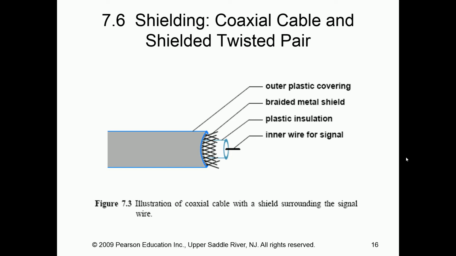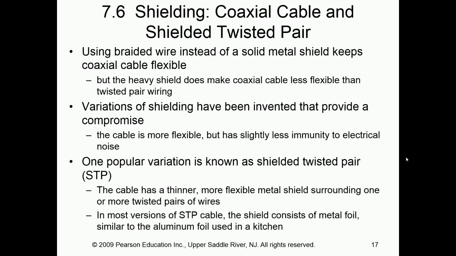Then we have an outer protective layer for protecting the entire cable as a whole. That shield actually removes or mitigates a lot of the noise that this cable gets. The nice thing with coax is you can put it in any type of environment and it would be okay. Using that braided wire instead of a solid metal shield helps the cable stay flexible.